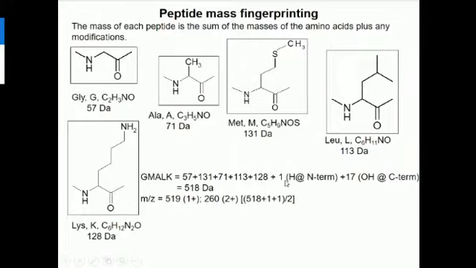Those are the amino acid residue masses. You need to remember that you've got termini on this peptide, so you need to add on the mass of the hydrogen at the N-terminus and the mass of the OH group at the C-terminus. And then, of course, because it's mass spectrometry, it needs to be charged. You need to add on the mass of the proton to give you the charge: 1 if it's singly charged, 2 if it's doubly charged.